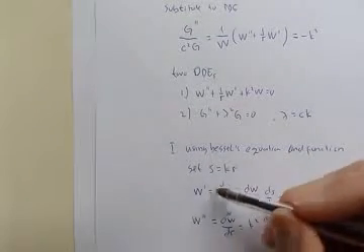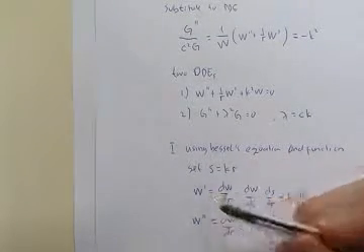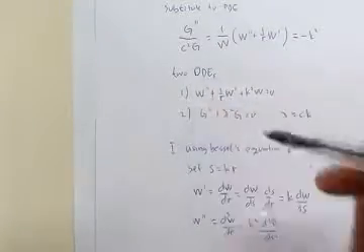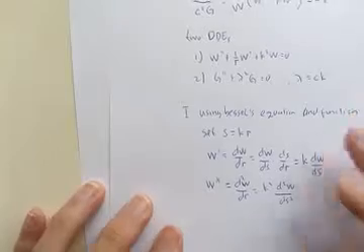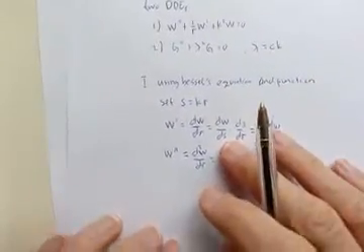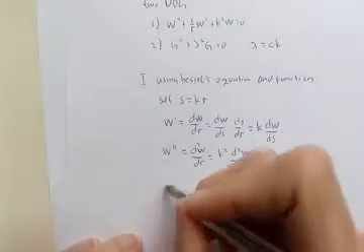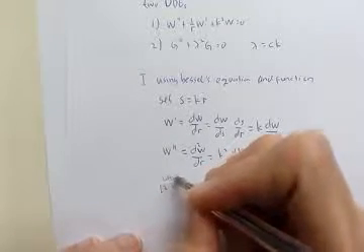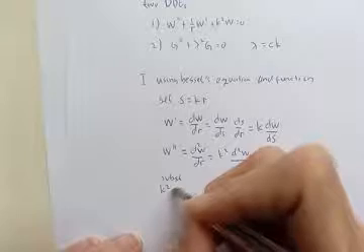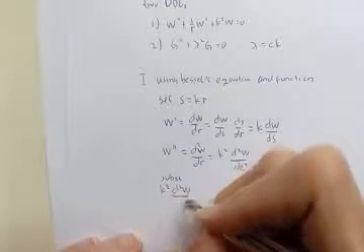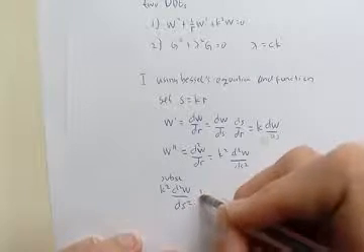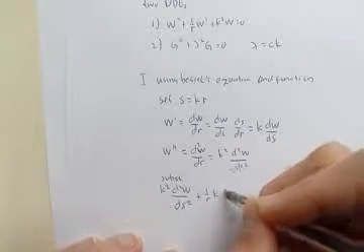Okay, and then we substitute both these equations into this first ODE, and then we have k squared times the second derivative of w with respect to s, and so on.